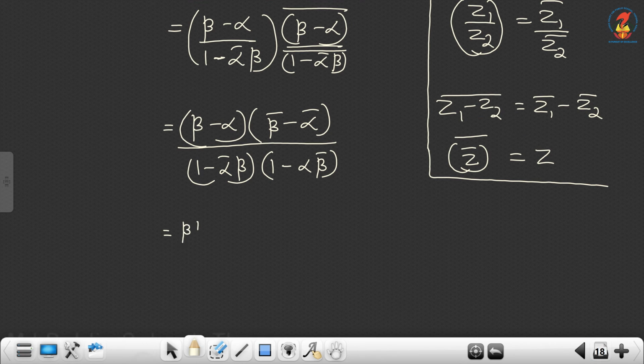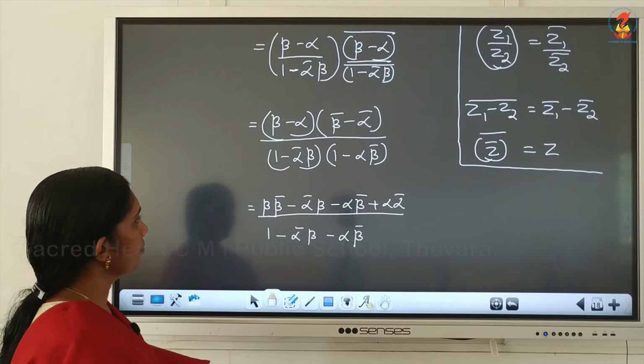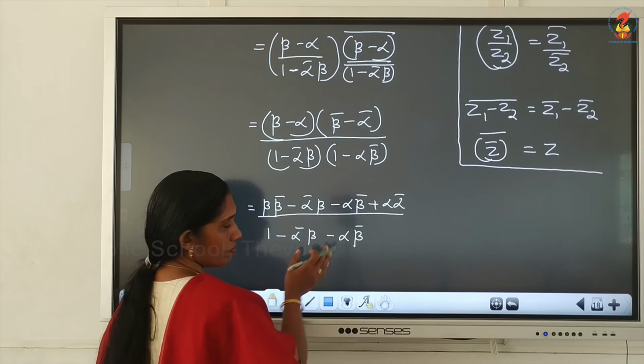Beta into beta bar minus alpha bar beta minus alpha beta bar plus alpha bar alpha. Just multiplication. Denominator also, 1 into 1 is 1, minus alpha beta bar and alpha bar beta. I just wrote it in the reverse way, both are the same. I can write alpha beta bar first, then alpha bar beta.